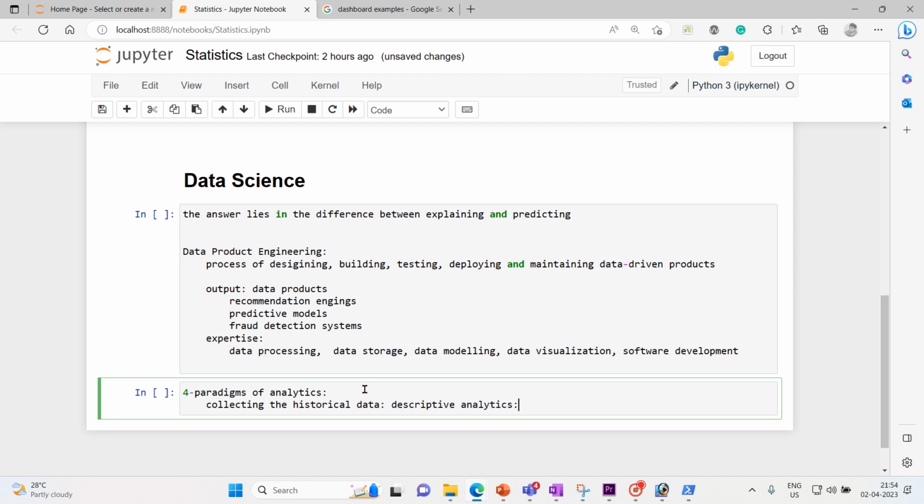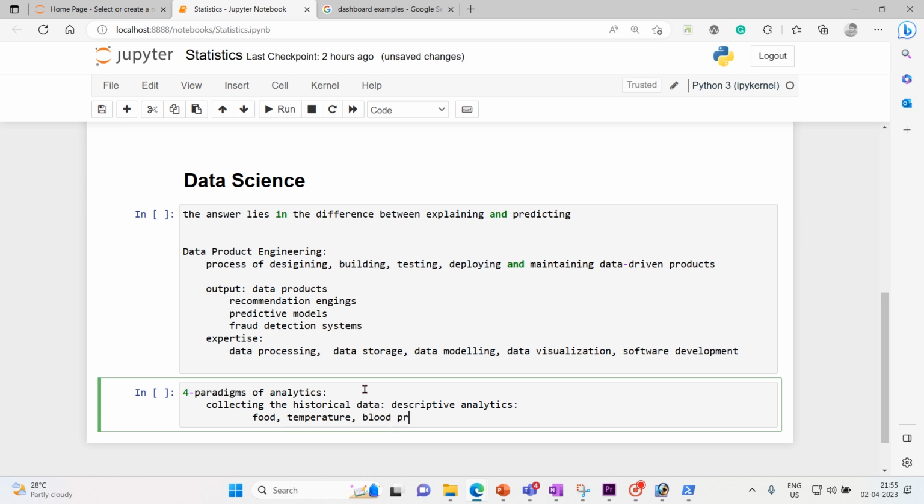Once descriptive analytics is done, he will find out some of the causes. You had this food and this much, and he will check the temperature, present temperature, yesterday's temperature, and he will check the blood pressure.